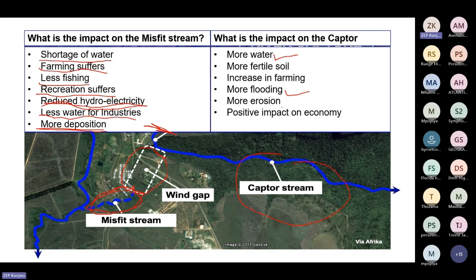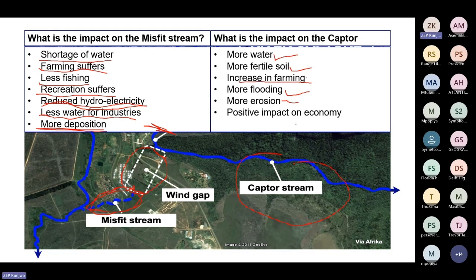When the floods happen, you're going to have more erosion taking place there. And more deposition is going to happen as well, because flooding brings deposition, and deposition will also bring in more fertile soil, which is coming from upstream. And then, because there is more fertile soil and more water, there's going to be an increase in farming.